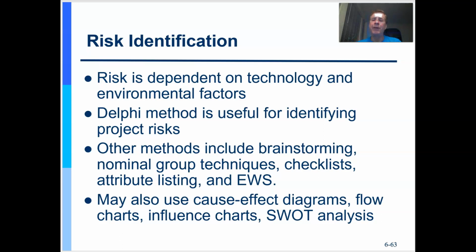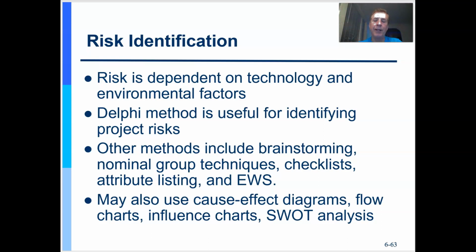And so the Delphi method is a way of asking in a questionnaire that guarantees anonymity. And experts are more willing to give us their opinion. And then what I do is I collect all these inputs from the different specialists, and then I send it back out to them to affirm what I think are my collected results.